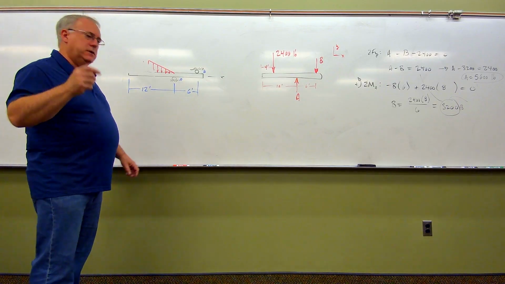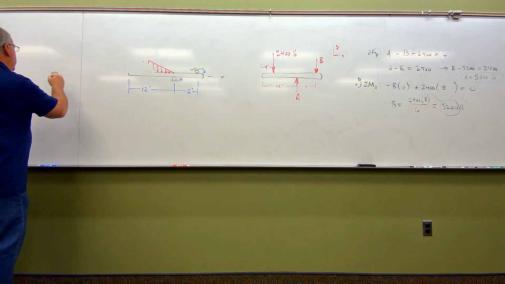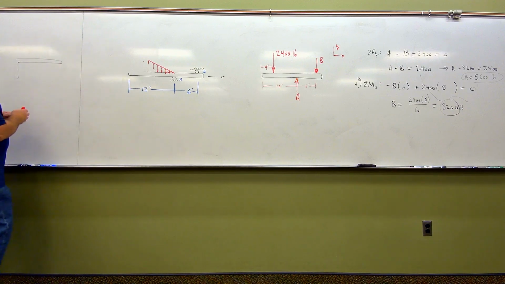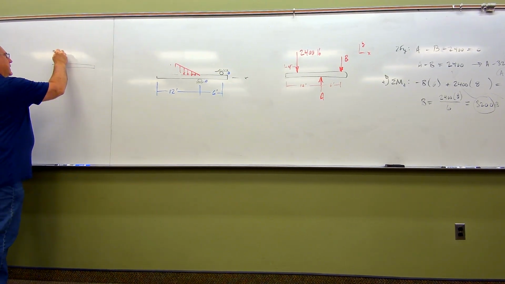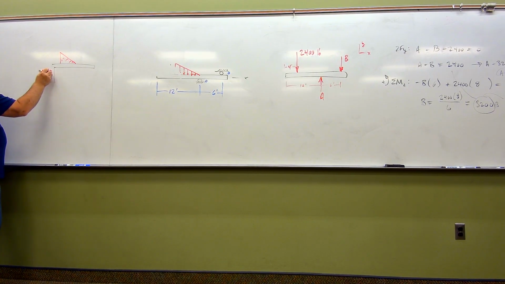Yeah, and I'm going to do a quick example of something where that might be a thing, right? So let's say that I had a beam that looked like this, and on that beam, let's say I've got a distributed load that looks like this, and another distributed load over here that looks something like this.